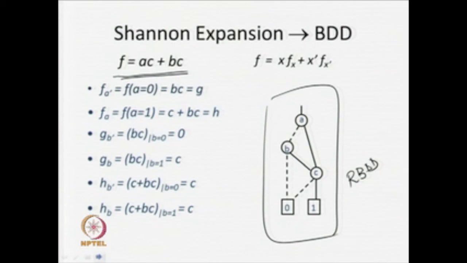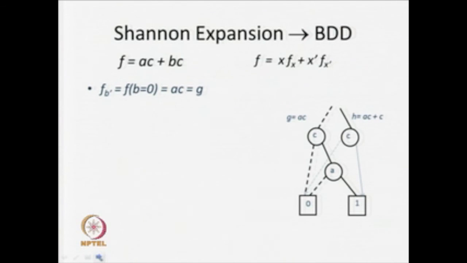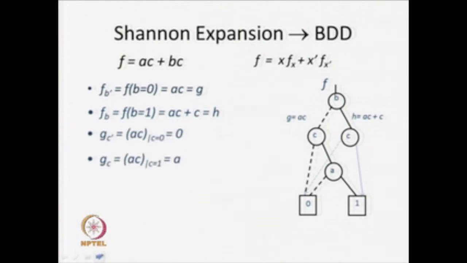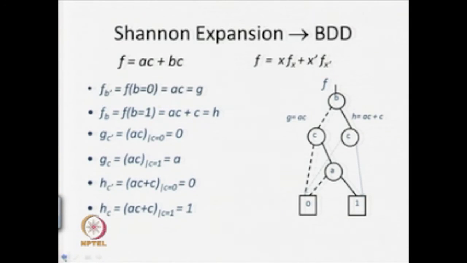Now, the same function I can do in another way. Now, what we are doing basically is applying the Shannon expansion in a different way. First, I am applying it on the variable b. So, this is b. After taking the decision on b, I am going to take the decision on c.